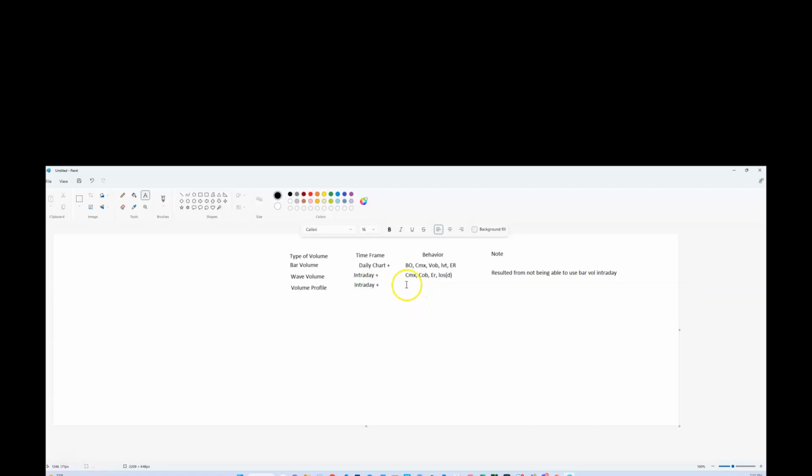Volume profile is based on phases, meaning it's to identify distribution, and by distribution I mean accumulation, distribution, as well as reaccumulation, redistribution, okay, and absorption. And the low volume areas are when it goes into markup and markdown, right? So it's really for phases.